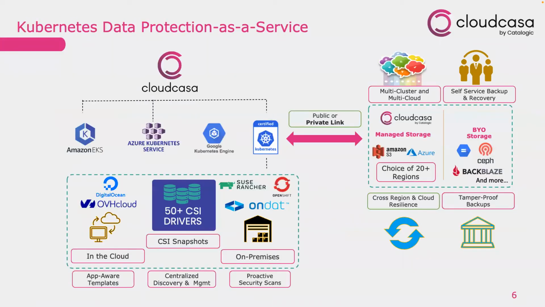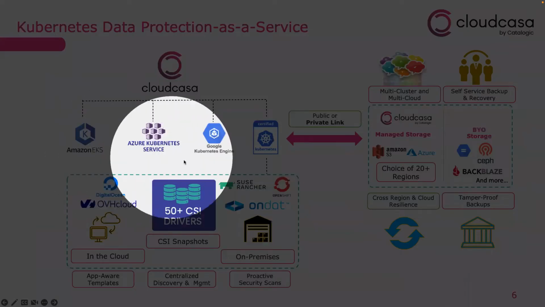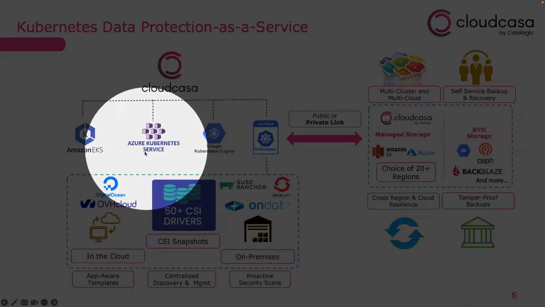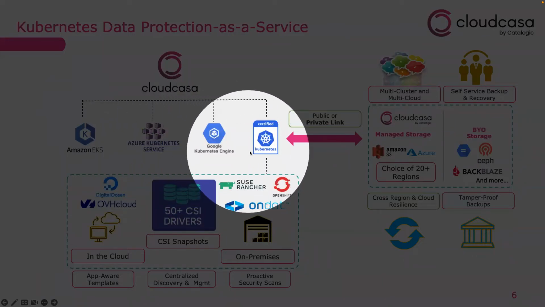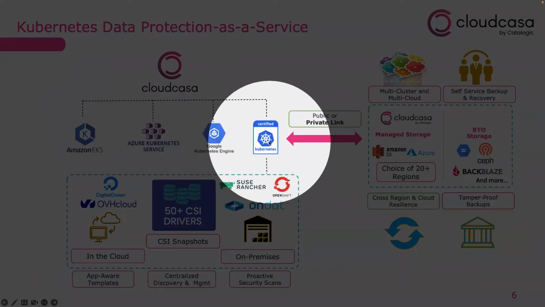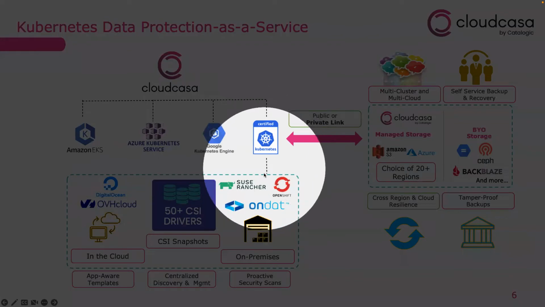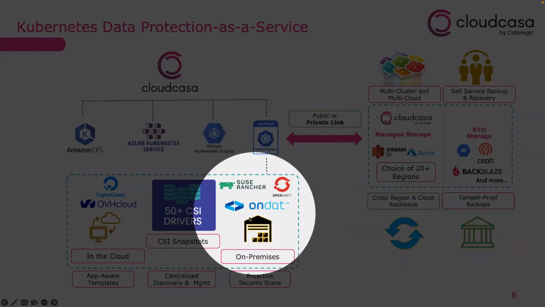So let's look a little bit deeper at what Kubernetes data protection as a service from CloudCasa can do, or we talk about backup as a service. You can see on the screen from the left-hand side, you might be running your Kubernetes on Amazon EKS, Azure AKS, Google Kubernetes Engine, or any other Kubernetes certified versions. It could be SUSE Rancher, could be OpenShift.